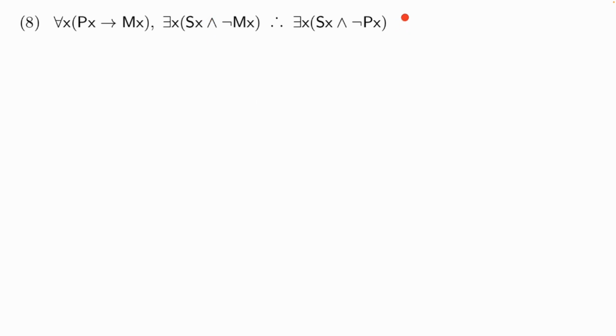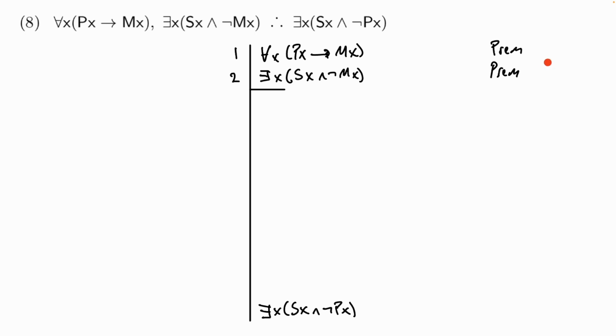Now, if we really want to confirm that this reasoning is valid, we can try to construct a proof from the premises to the conclusion. So here we have our premises and the conclusion that we ultimately want to derive. We have an existential statement as our second premise. The best strategy here seems like it's going to be to just pick some arbitrary individual to suppose satisfies this existential.